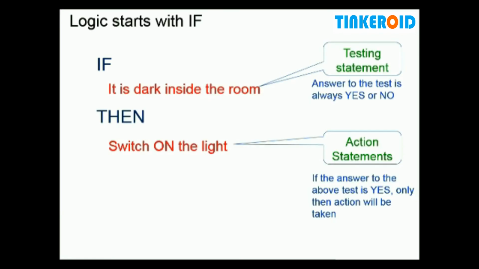So, we need to understand that there are two statements: one testing statement and another one action statement. The testing statement has only to answer either yes or no. If the answer is yes only, then the respective actions will take place. That's the basic understanding of testing and action statements.